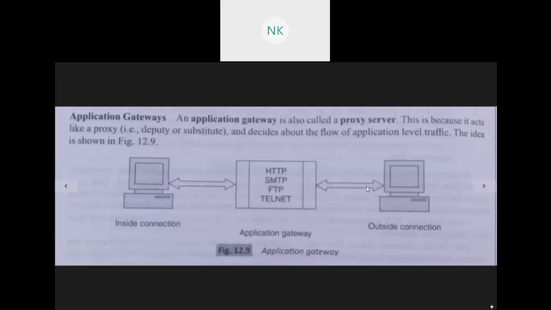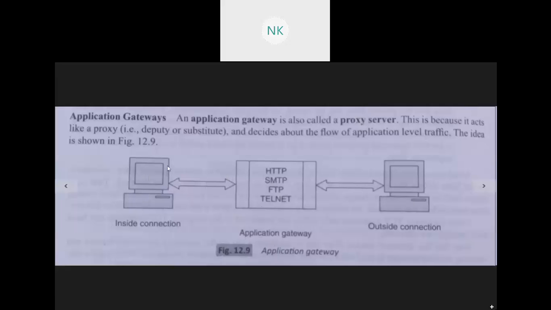So when a user wants to communicate with a server or a host, it first contacts the application gateway by TCP/IP connection through the TCP/IP application.